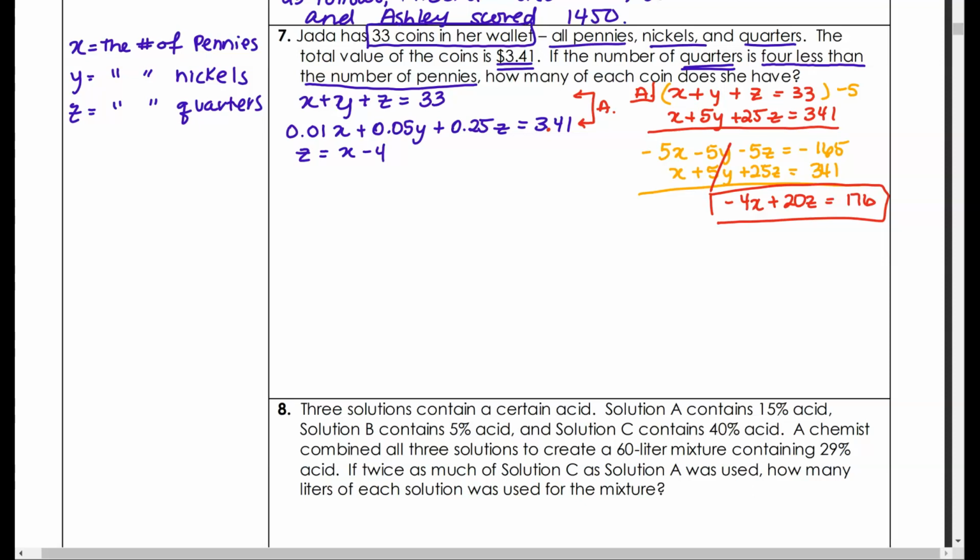Now, looking at here, we're going to use that in this equation. So now the only difference is that we need to kind of move this around so that we can use it. So notice that if I move this around, I'm going to end up with negative x plus z equals negative 4. And then I have negative 4x plus 20z equals 176. So let's go ahead and get rid of the x's here.